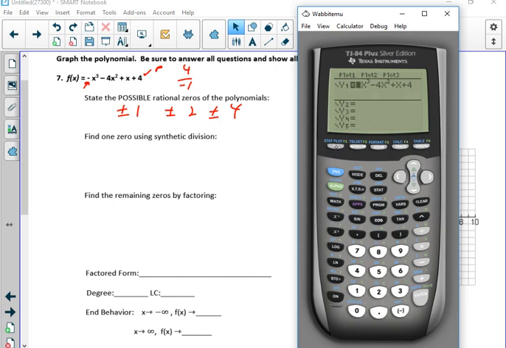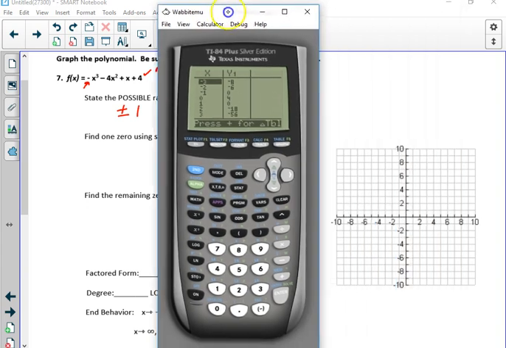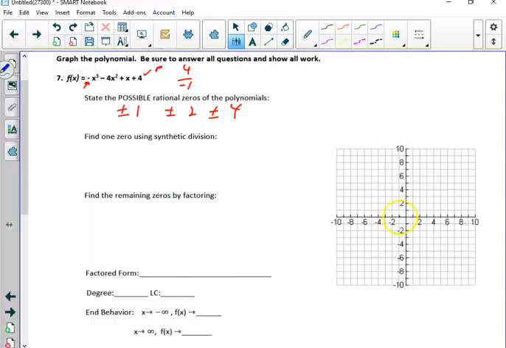Well, nope, it's a cube, so sorry. It's going to be a snake. And that makes sense. I don't know where I have 4 stuck in my head, but it happens. Now, find the zeros. Negative 1 and 1. I might as well put them on here while I'm here. Negative 1 and 1.